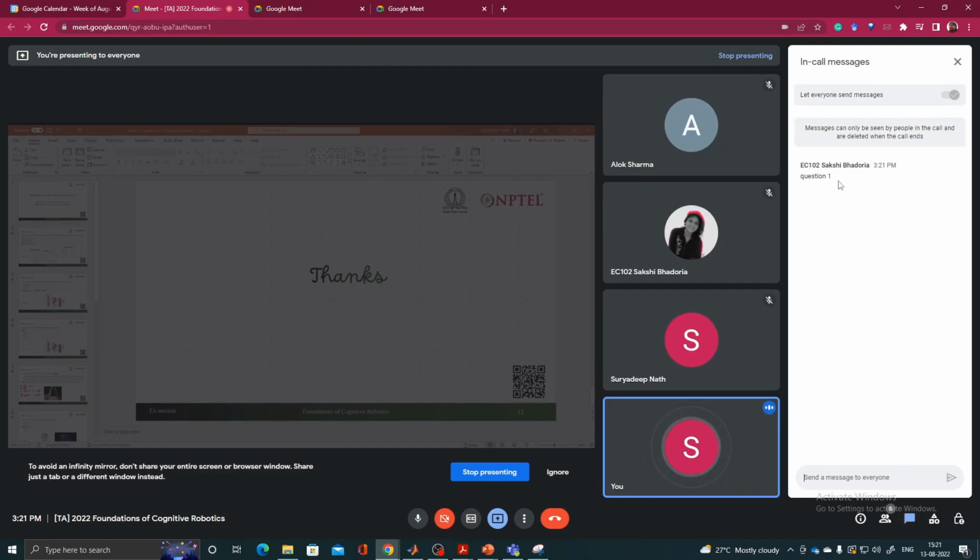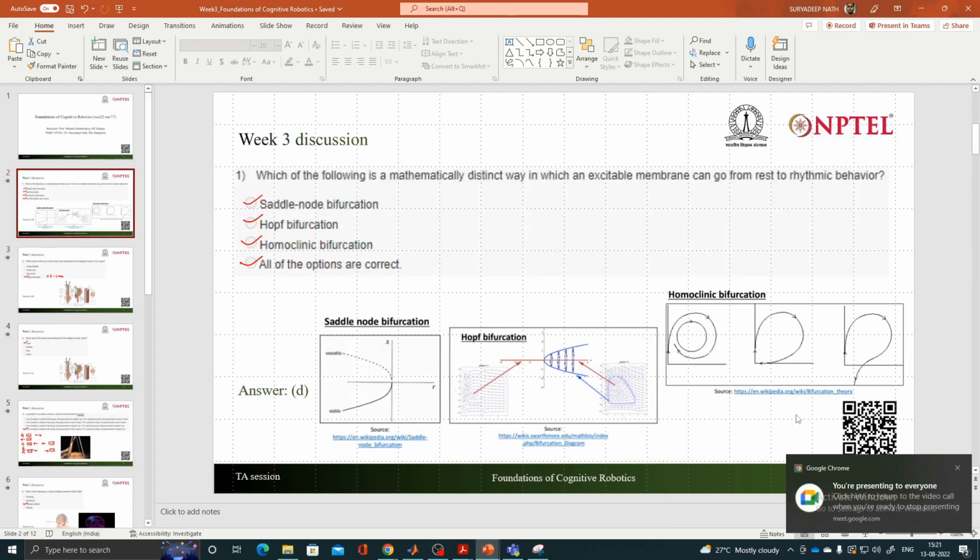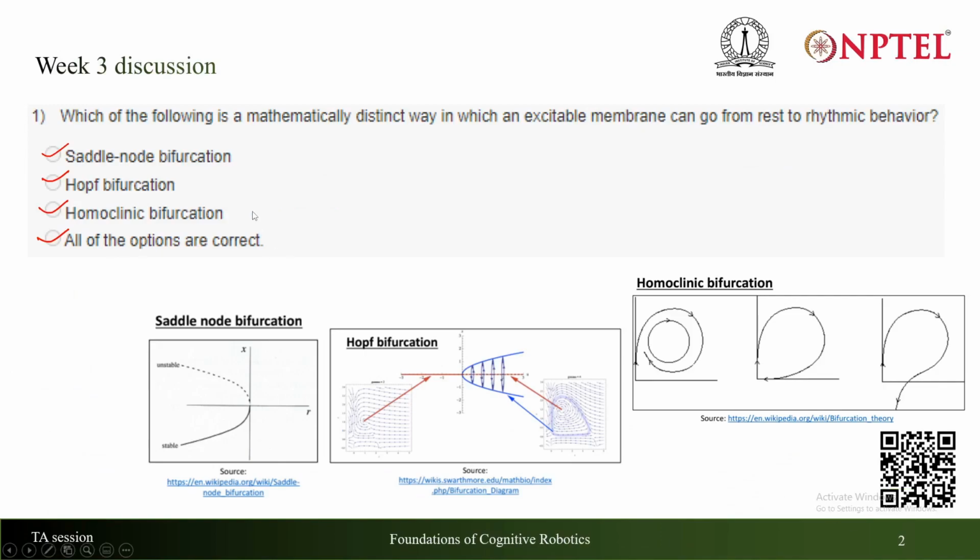Okay, there is a question on question 1. Let me go back to question 1. If you can see the screen, all 3 types of bifurcations can turn an excitable membrane from rest to rhythmic behavior. All these are bifurcation models that are applicable for the excitable membrane to go from rest to rhythmic behavior.